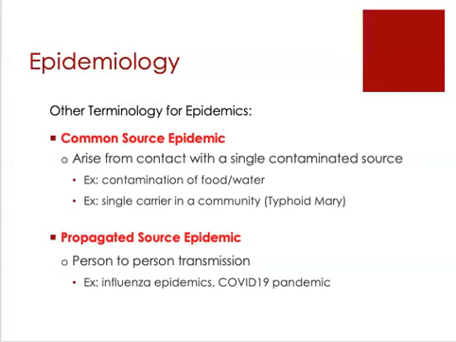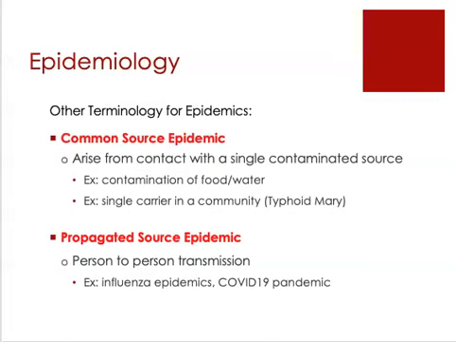And typhoid is passed from carriers and infected people not washing their hands after using the bathroom, and then touching food with their contaminated hands. And Mary, as the story goes, would work for a family as a chef or a cook and would pass the typhoid pathogen to the family.